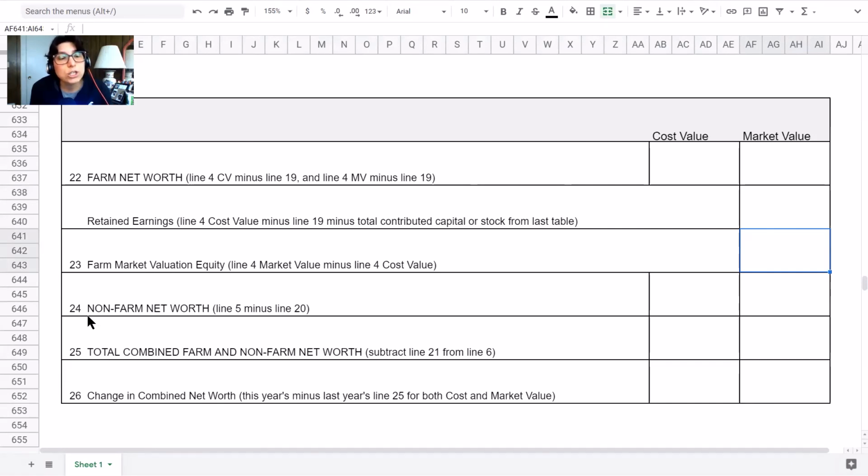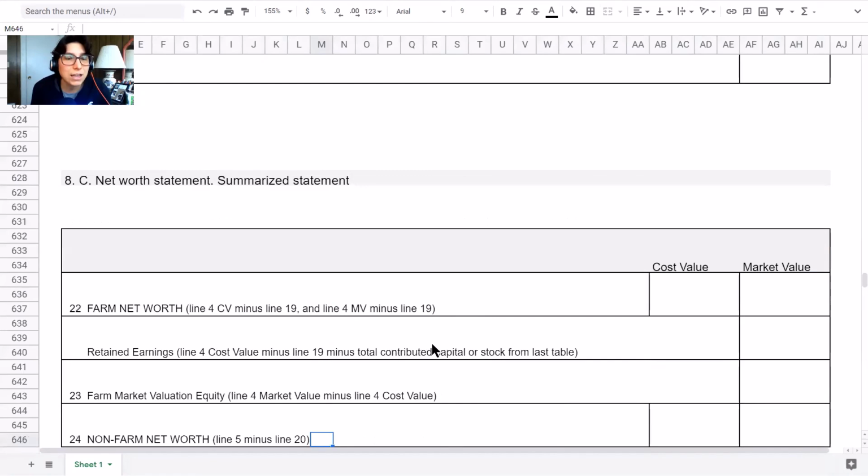Then we move on to non-farm net worth. And we look at your line 5, which are your non-farm assets, minus line 20, which, what is that? Non-farm liabilities. Let's make sure I'm not lying to you.